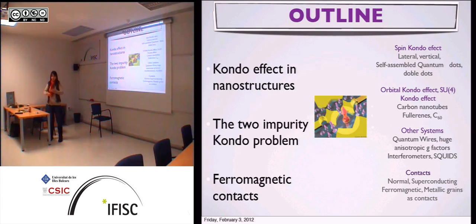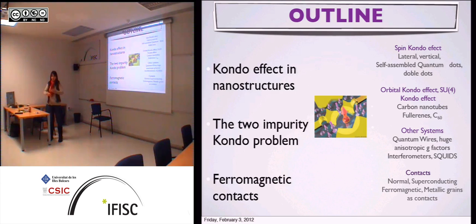The processes are similar to the previous one in the sense that you have the f electrons that describe the spins in the impurity, and the electrons that are in the continuum.